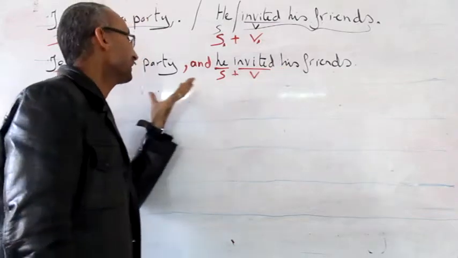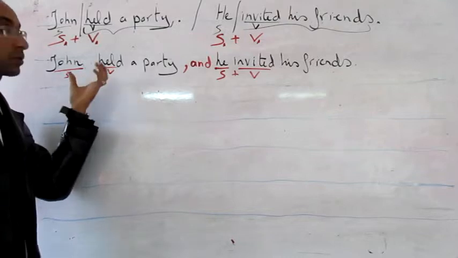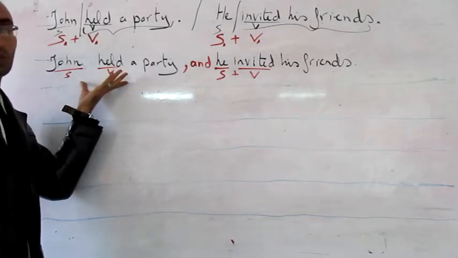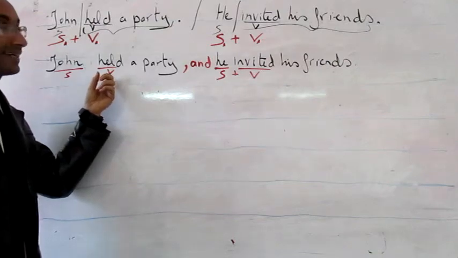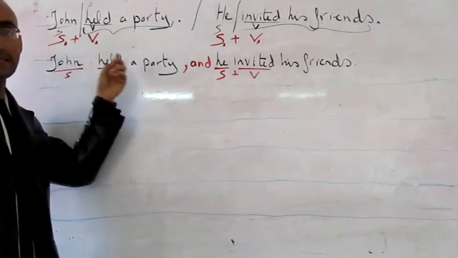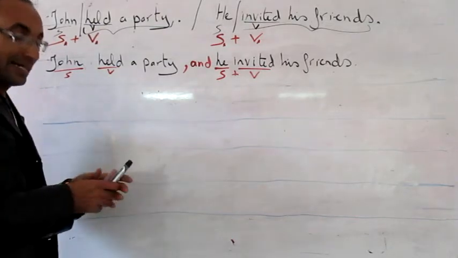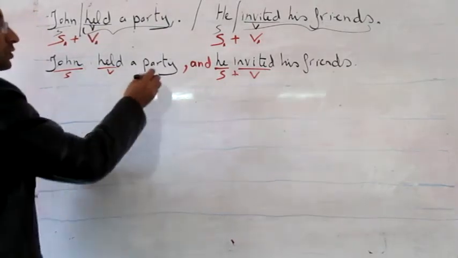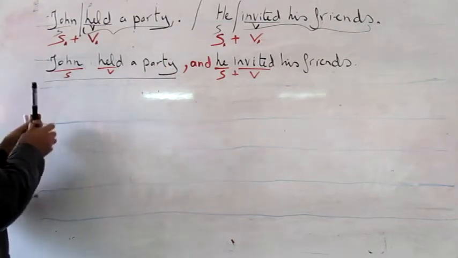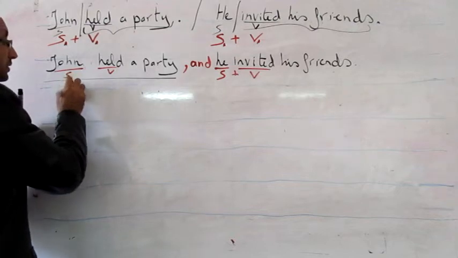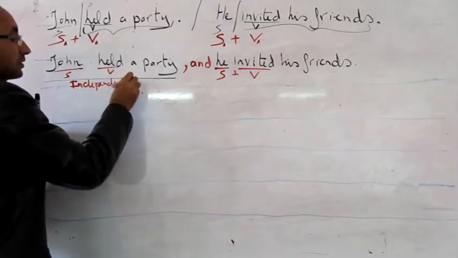So in English, this part of a sentence, which consists of subject plus verb and is meaningful by itself and complete in meaning, is called an independent clause.